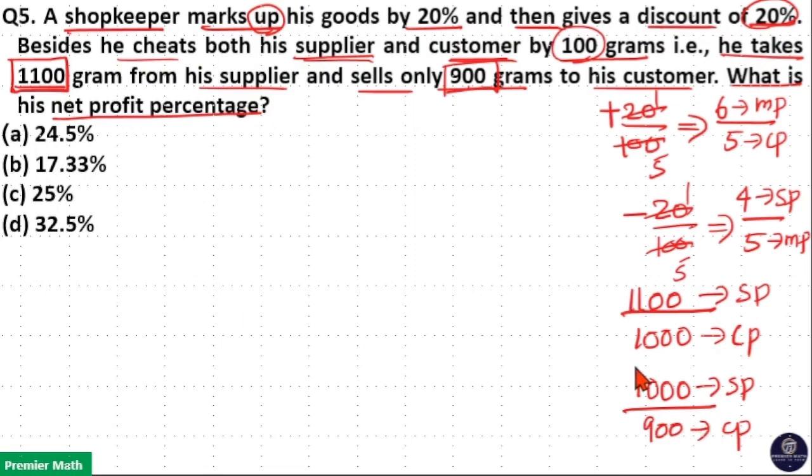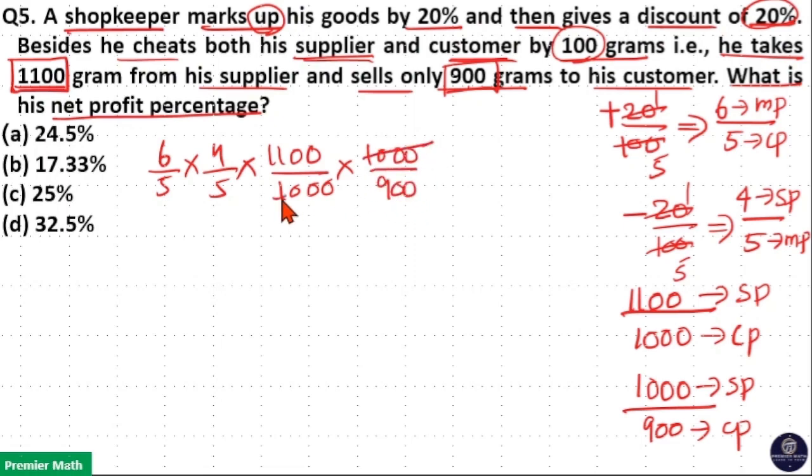So in both cases, he is making a profit. So multiply all these 4 ratios together. That is 6 by 5 into 4 by 5 into 1100 by 1000 into 1000 by 900.